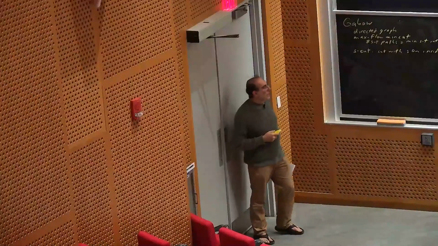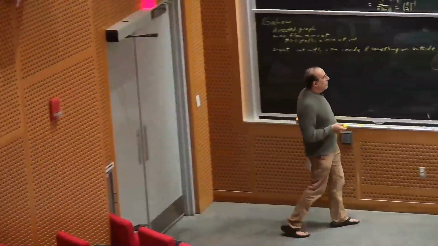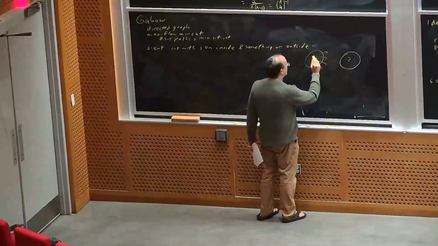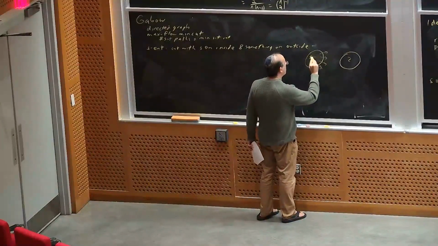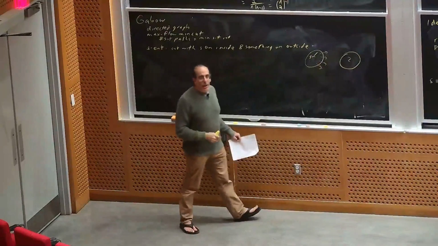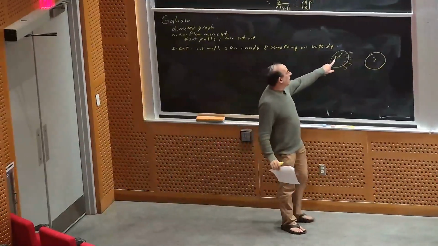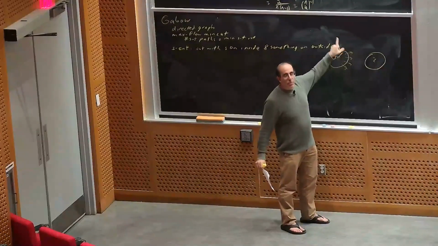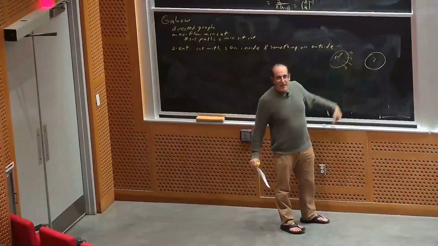Okay, so the max flow min cut theorem doesn't really seem to generalize, because if we want to send out a path from S, well, we don't know where to send it to, and if we pick the wrong T, we might stay on the inside and not use up one of the edges leaving the S cut.